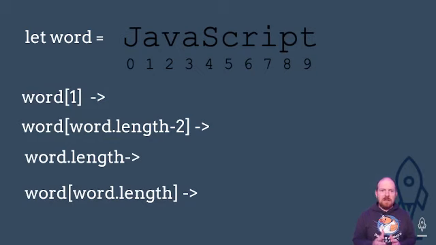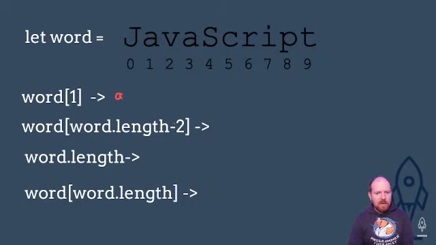So the capital J would be at index 0, and then you just count on up. If we were saying, print out word 1, word is JavaScript as a whole, as a collection of characters, and we're saying print out the character in spot 1, so that would be A.